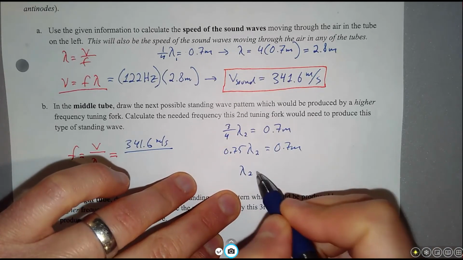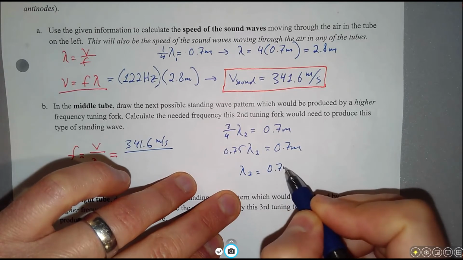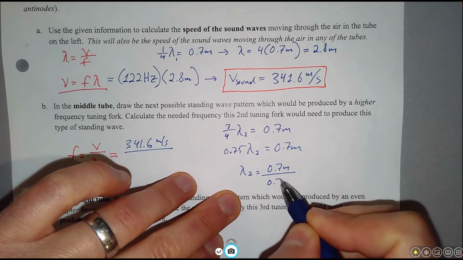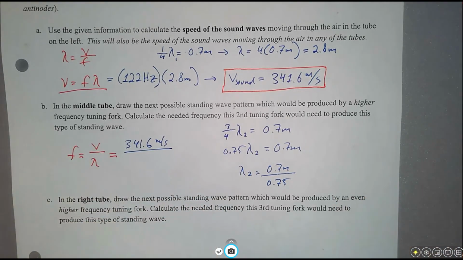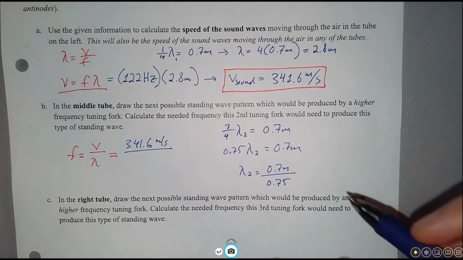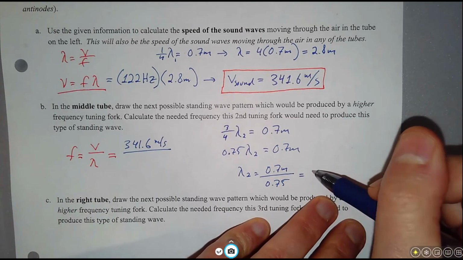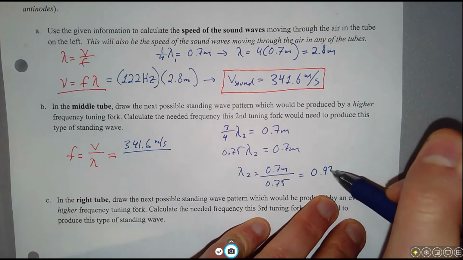So wavelength number 2 is going to be equal to 0.7 meters divided by 0.75. This is essentially an algebraic equation we can solve for the wavelength. So how long does the wavelength need to be created by that second tuning fork? You just take 0.7 meters divided by 0.75, and we get that the wavelength needs to be 0.93 meters long.